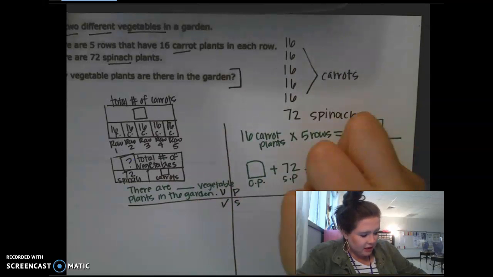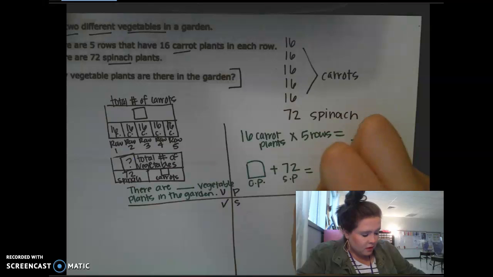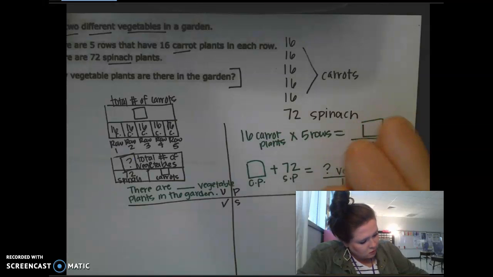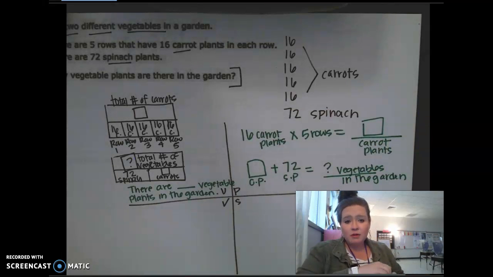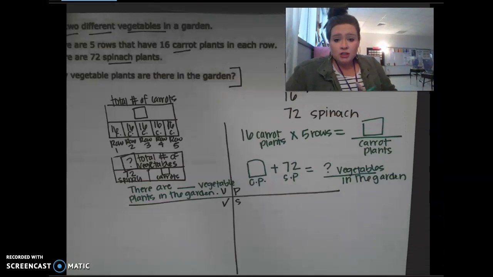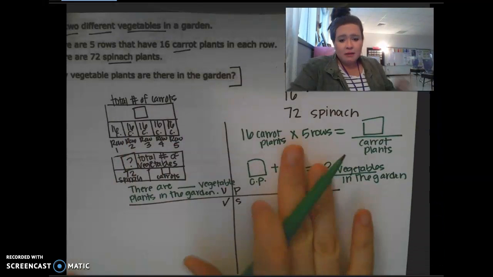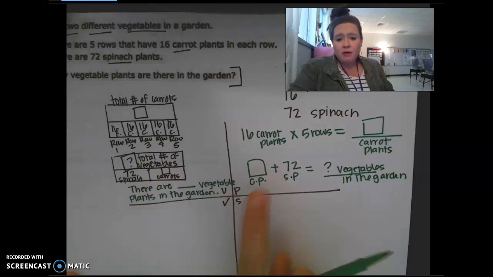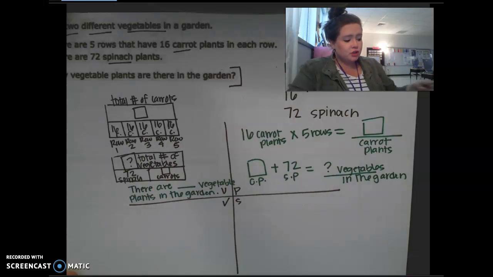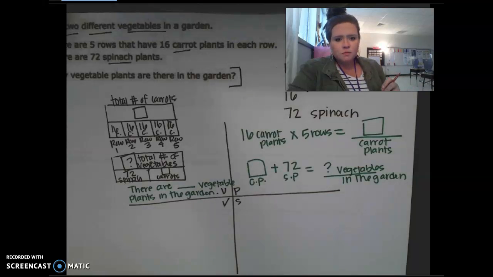That's going to give me the number of vegetables in the garden. Okay? So I've done my U, I've done my P, I've understood the problem, I've planned out my problem, I've shown my process. Now it's time to solve your problem.